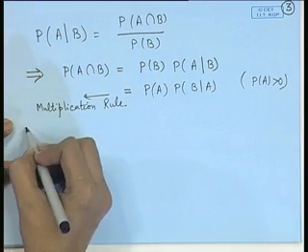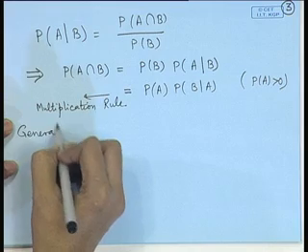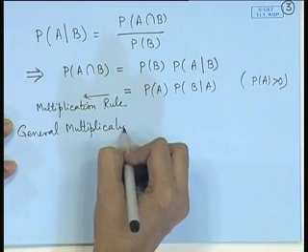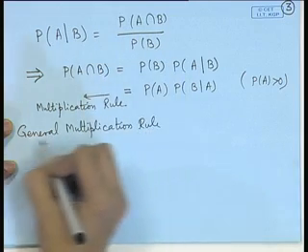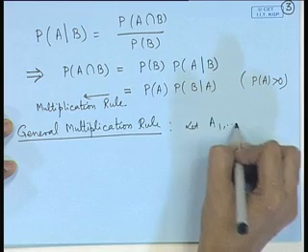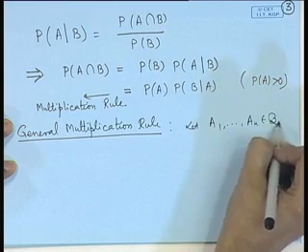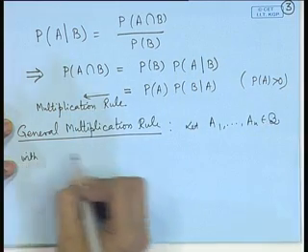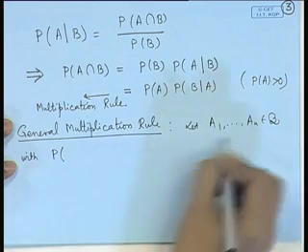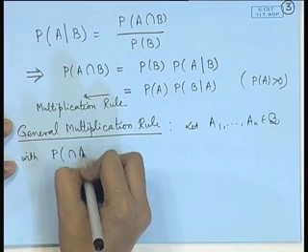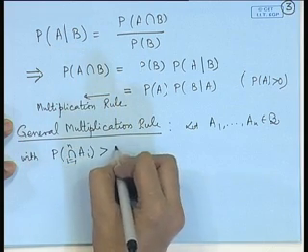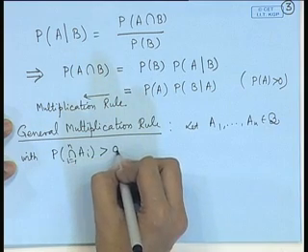So, the general multiplication rule is: let us consider events A1, A2, ..., An. In order to define the conditional probabilities, the probabilities must be positive. So, we can take the smallest event which may occur in the definition and consider the probability of that to be positive.